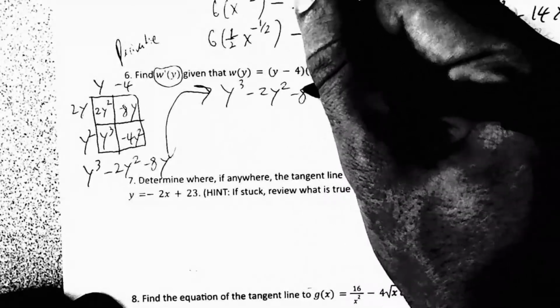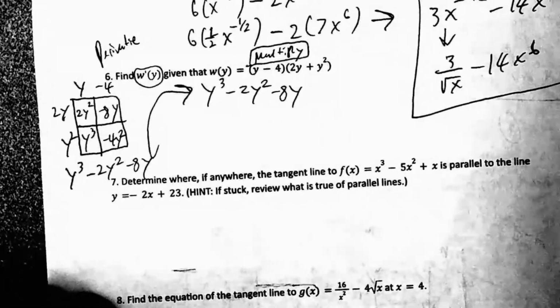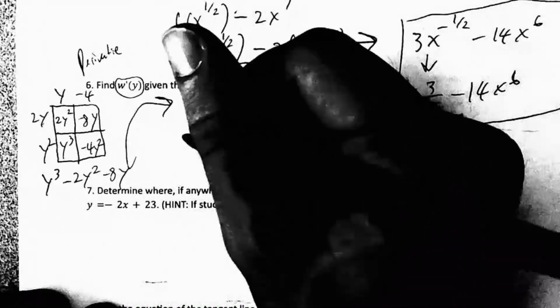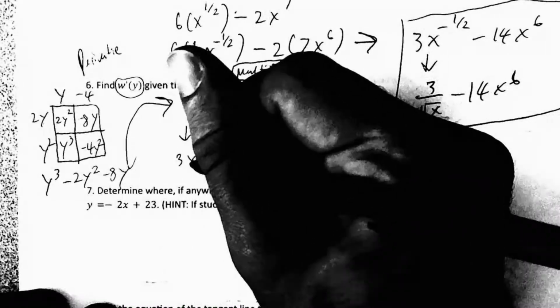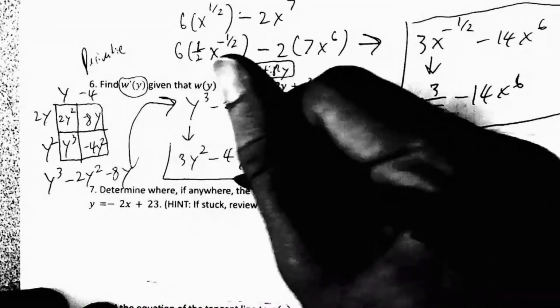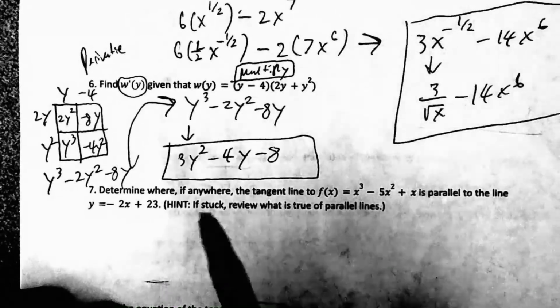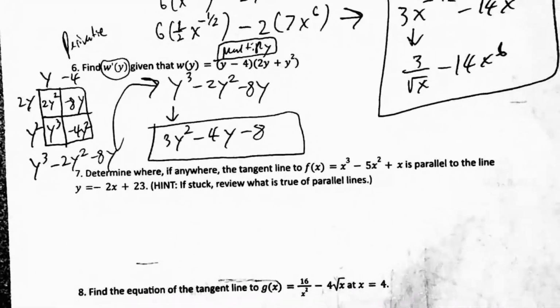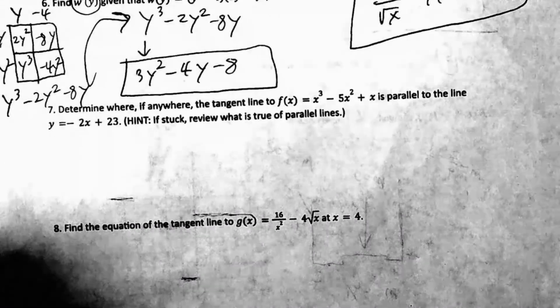So then this, I'm going to move up here, y cubed minus 2y squared minus 8y. Okay. Now I can find the derivative of this. So this is 3y squared minus 4y minus 8. Power rule.